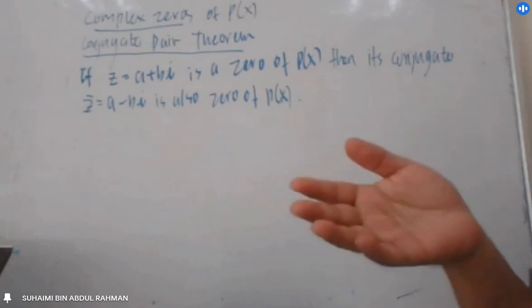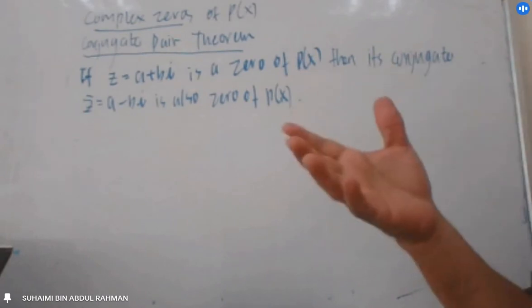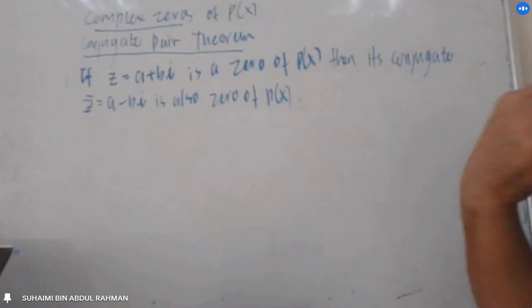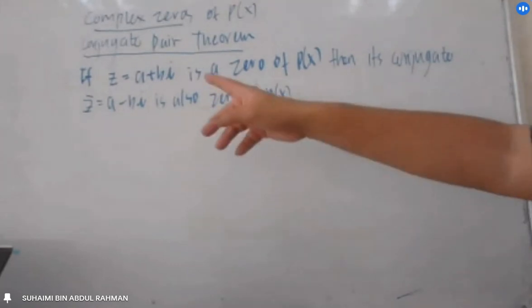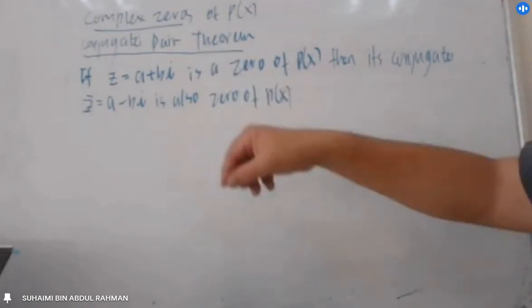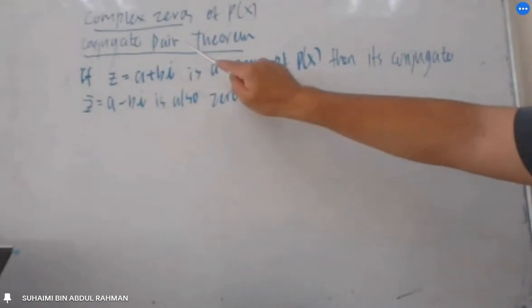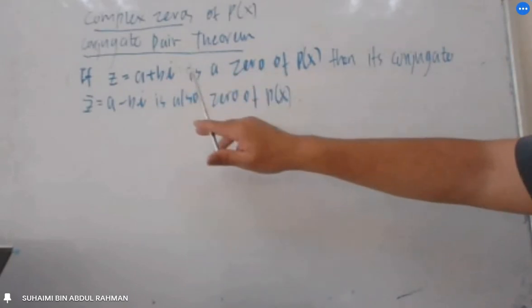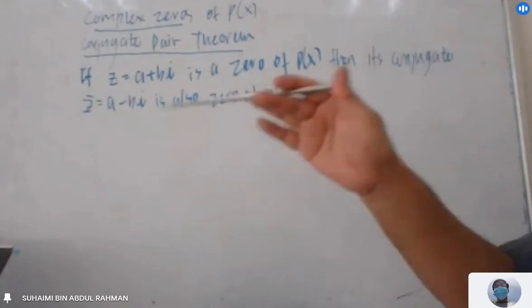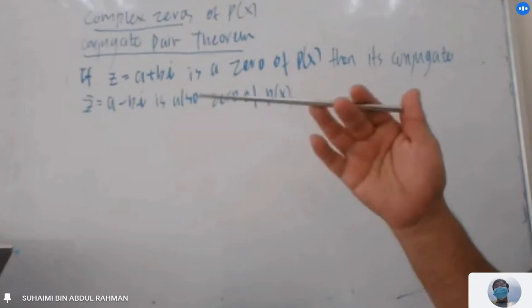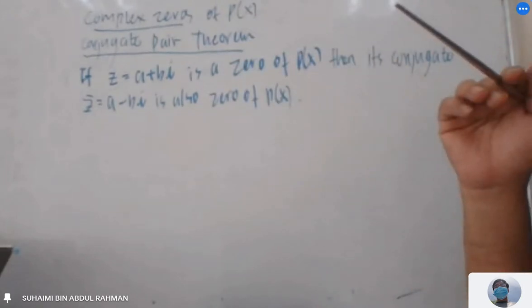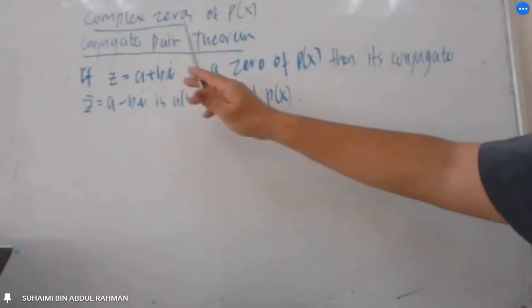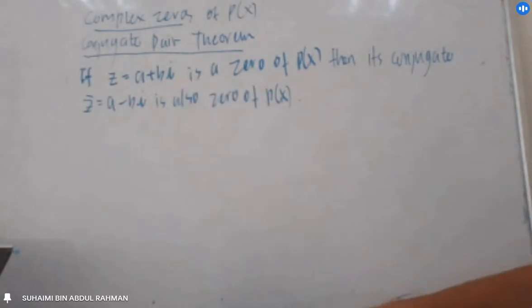And 2 of them, as we found, were real. So how many are complex? 2. That's why you see that, because of the conjugate pair theorem. That's why the complex zeros in the example come in a pair.